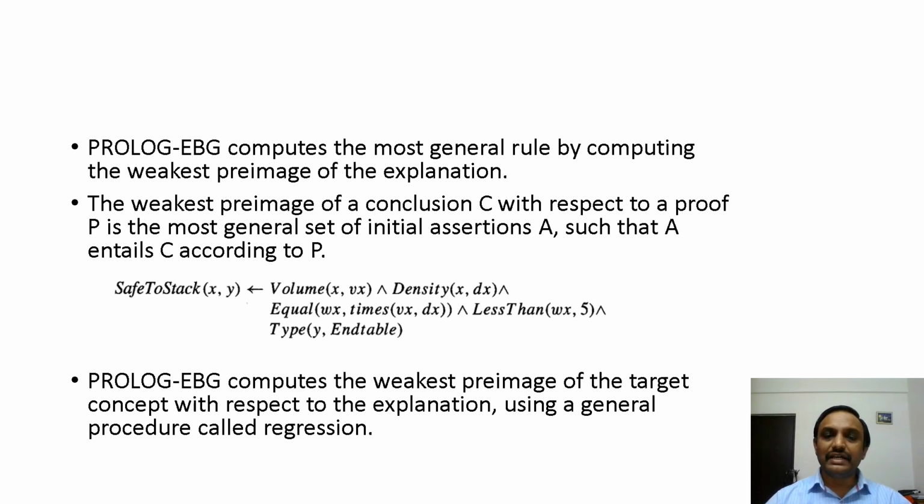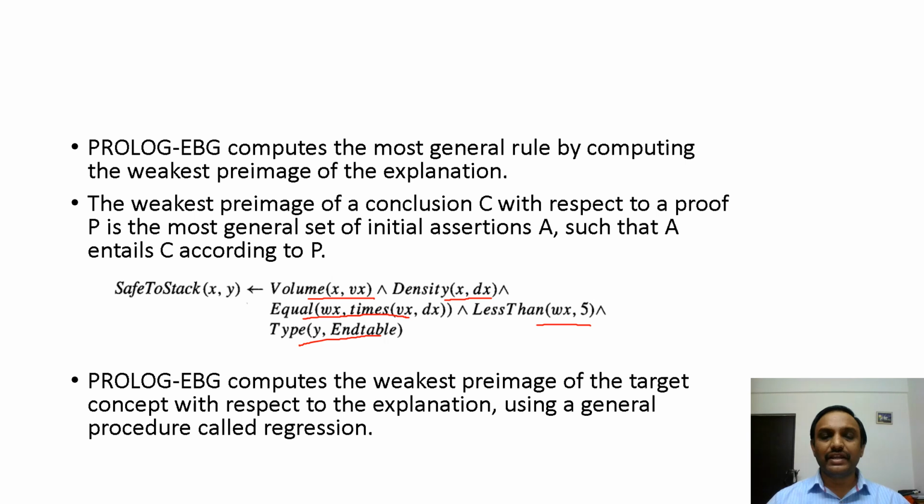What is that initial assertion? For example, here you can observe x's volume, x's object density, and you are calculating its weight, and the other object's weight, and that is the end table we are considering. So these are initial assertions.